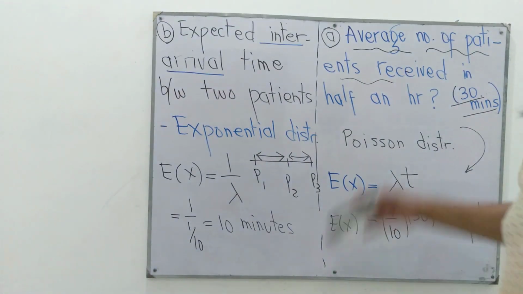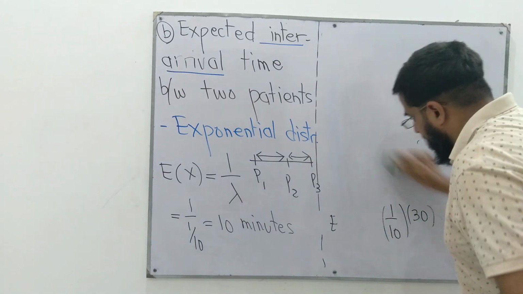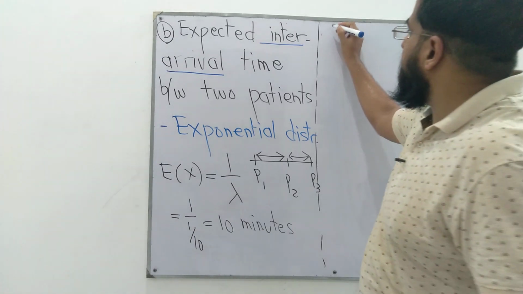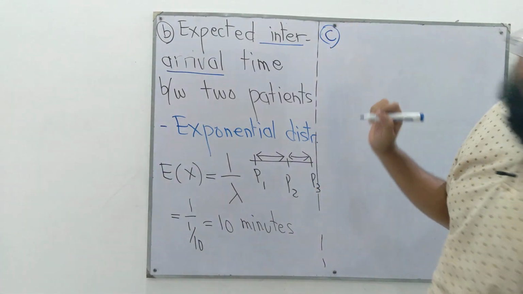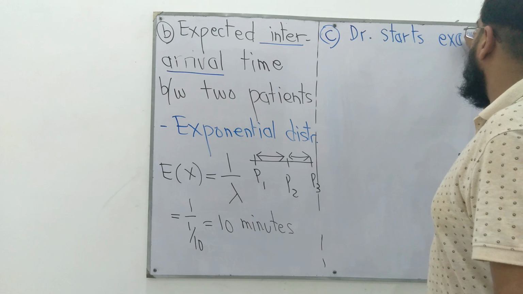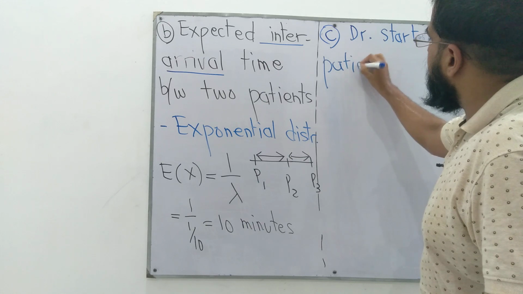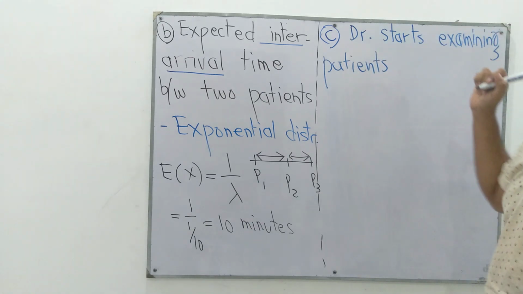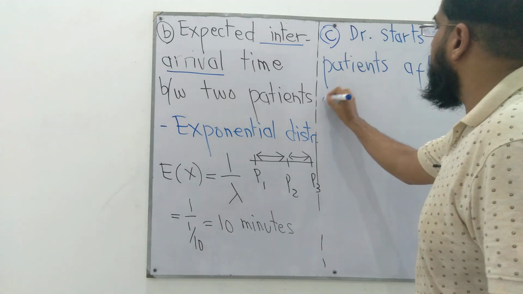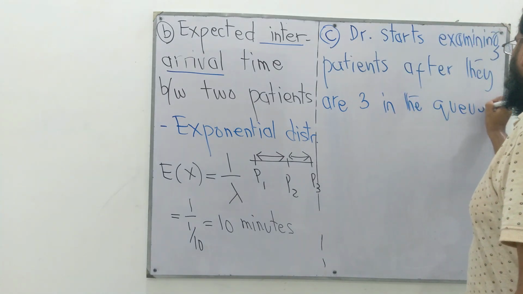And now let's move to the final part of the problem, part C, where something is given first and then we are asked. It is given that the doctor at the clinic starts examining patients after there are 3 in the queue.